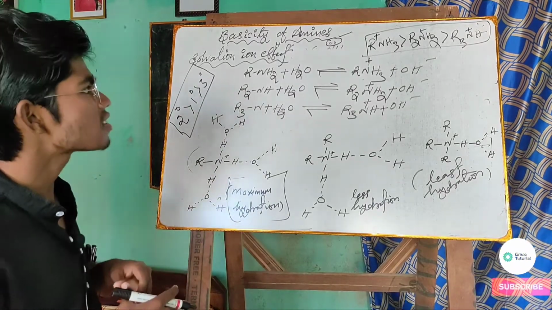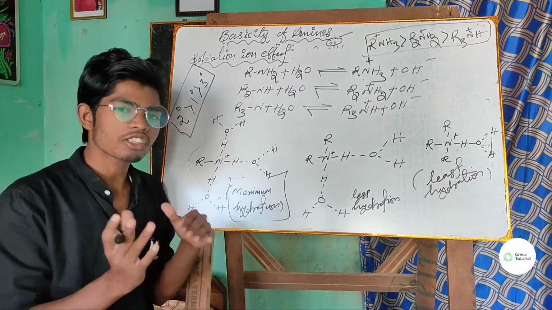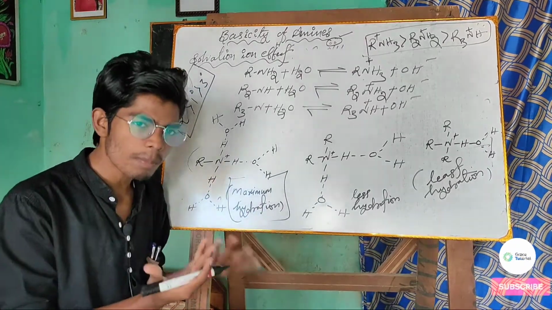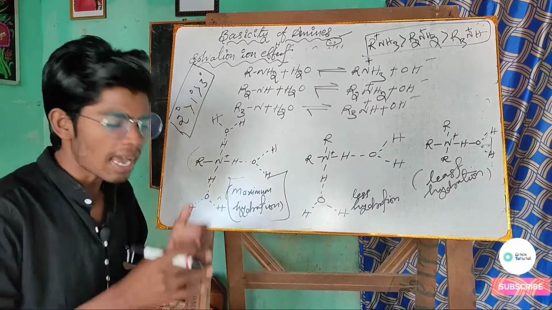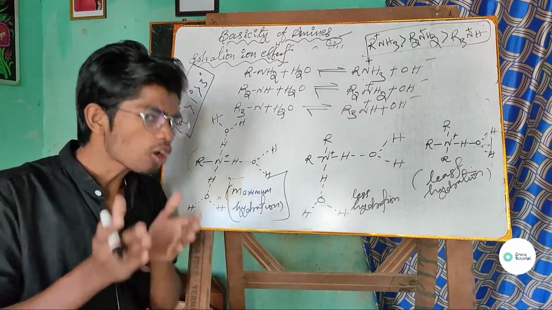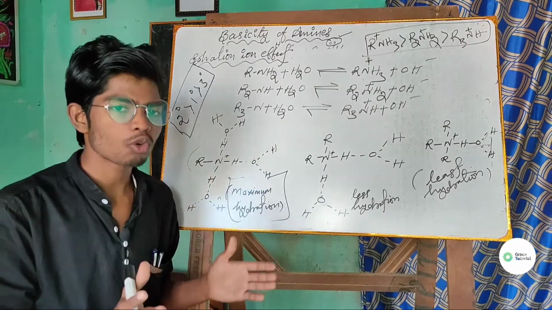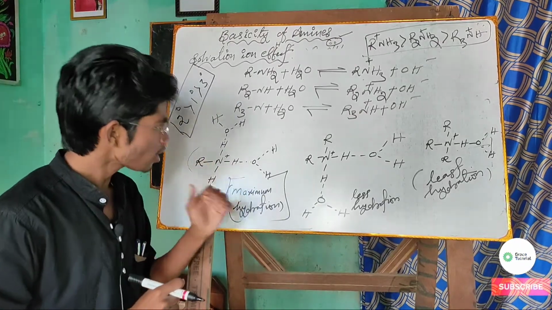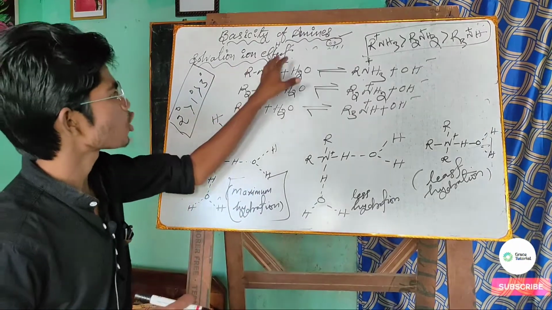But we need to understand that there are three types of amines: primary amine, secondary amine, tertiary amine. Which one is more basic or which one is the least basic? And in order to understand the order of the basicity, I have explained the three different factors. One is the inductive effect, another is steric effect, and the last one, the solvation ion effect.